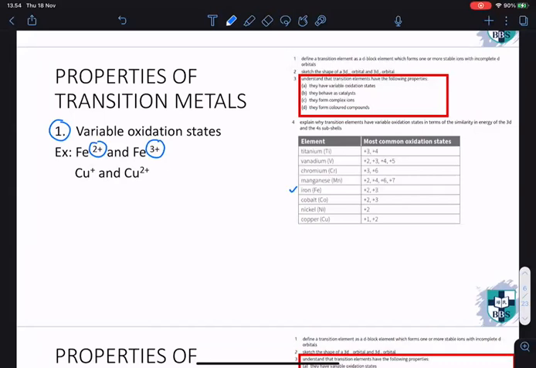They can have multiple oxidation states, but not all of them. You can see nickel can have only one, but that doesn't mean that they are not transition metal. As long as they satisfy the definition, it is okay. But most of them are going to have multiple oxidation states. If you ask me why, the reason is quite simple.